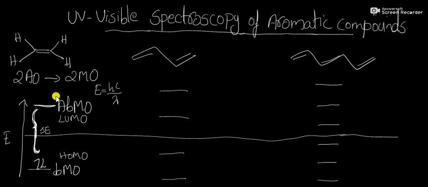An ethene molecule absorbs at a wavelength of approximately 171 nanometer, and this energy is sufficient to excite an electron from HOMO to LUMO. That is the basics of UV visible spectroscopy, or electronic spectroscopy.